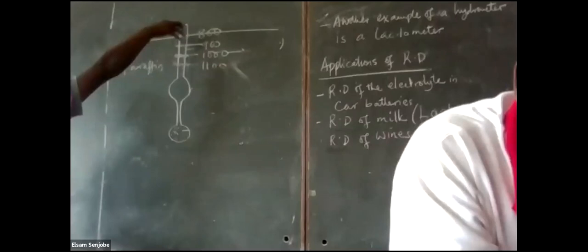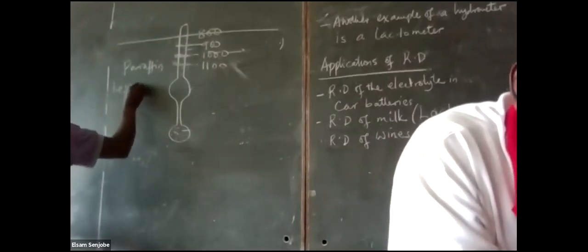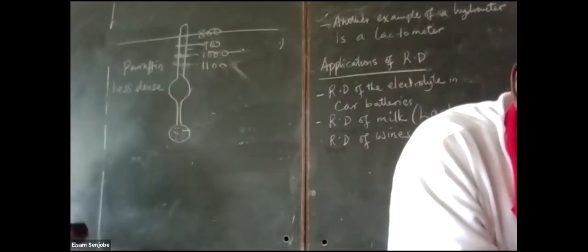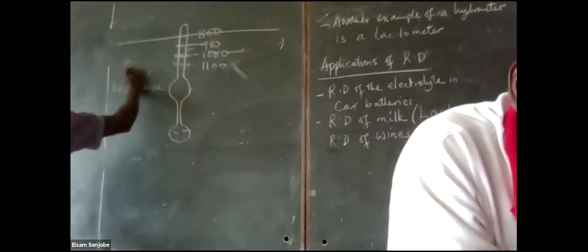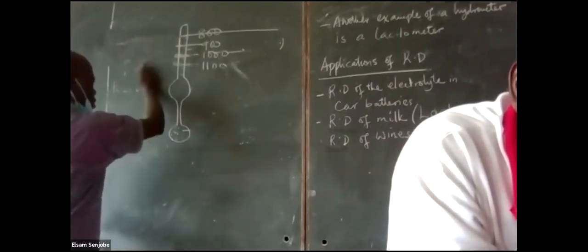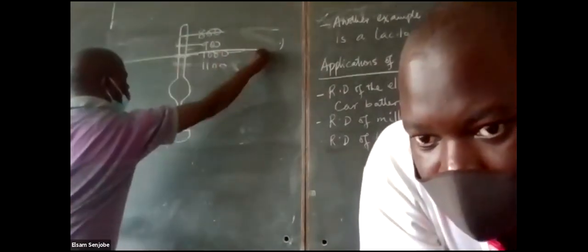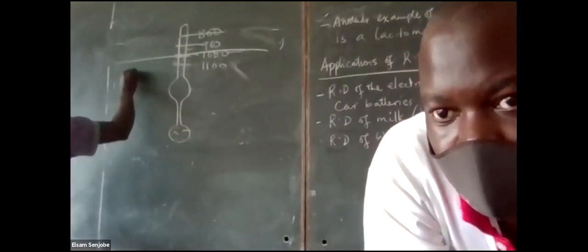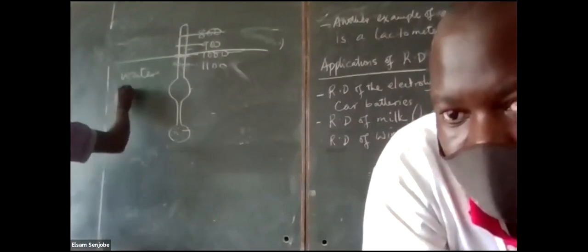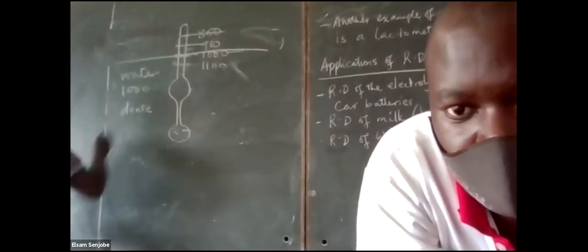The hydrometer will sink more in a less dense liquid. Now, if it is placed in water, water has a higher density than paraffin, it will sink less in a dense liquid. So this is water, and water has a density of 1,000, meaning it is a dense liquid.